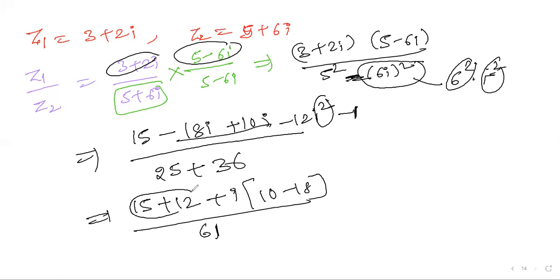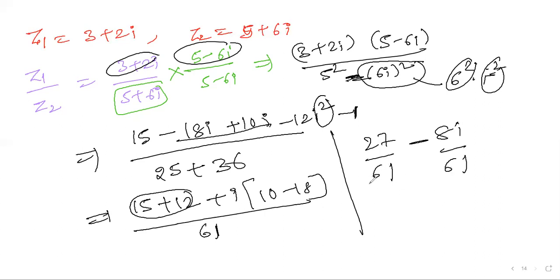So these two you can add, and the answer is 27 by 61. These two you subtract, and you get minus 8i, so minus 8i by 61. This is what I am dividing by the denominator in both cases. Real separate, imaginary separate. So I can write simply 27 by 61 as the real number, and minus 8 by 61 as the imaginary number. This is the division of Z1 and Z2.